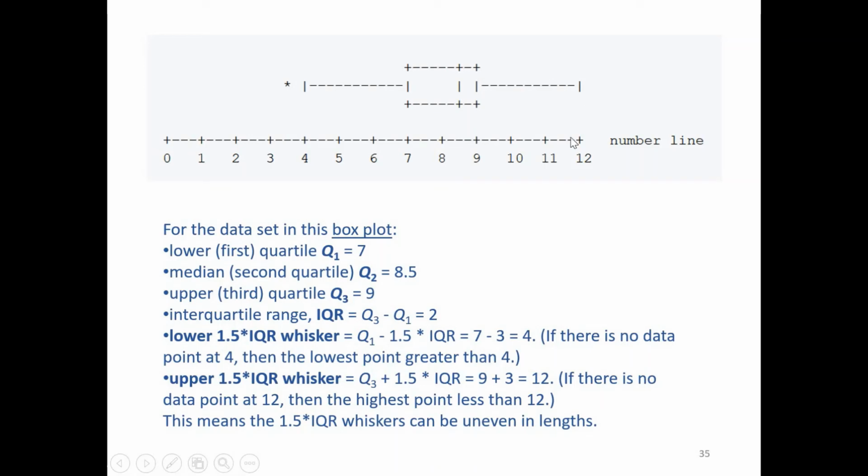Then the upper whisker is Q3 plus 1.5 times the interquartile range. So this point and this point are the maximum and the minimum value, which is the expected value. Any value which is outside these whiskers is considered to be an outlier.